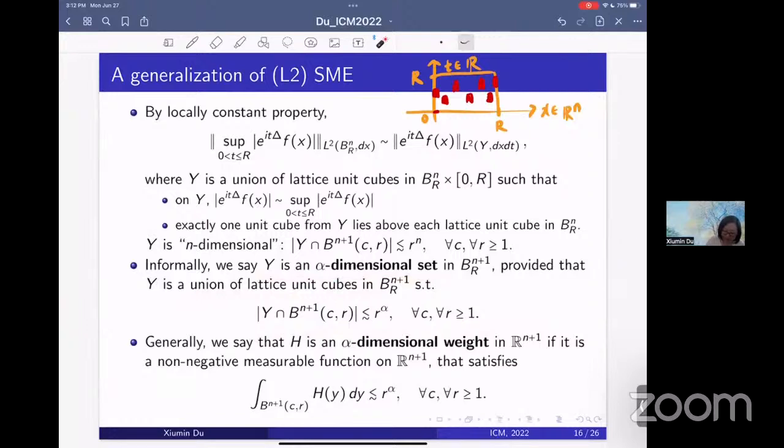And generally, we say that H is an alpha-dimensional weight if it is a non-negative measurable function and its integral over any ball of radius R is bounded above by R to the alpha. In particular, if Y is an alpha-dimensional set, then its characteristic function is an alpha-dimensional weight.